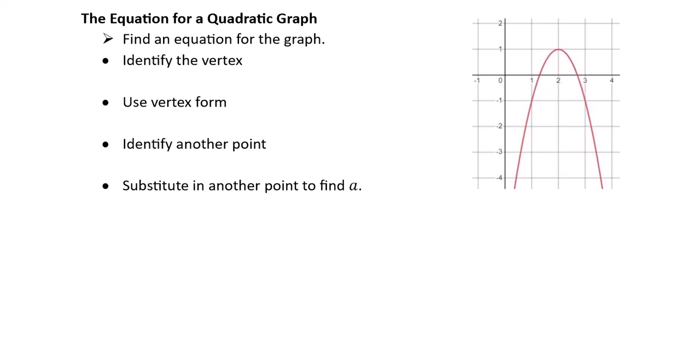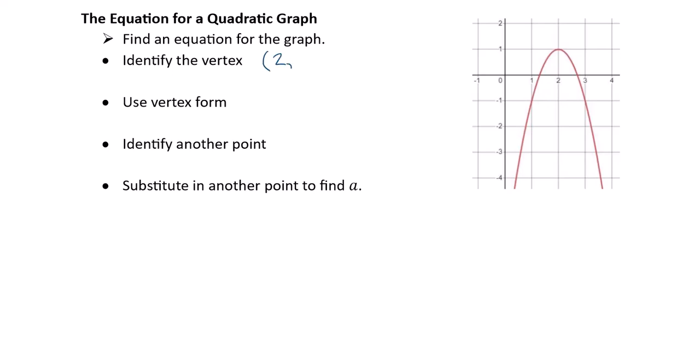Now let's find the equation for this quadratic graph. If we have a nice graph with enough information, we can identify the vertex and some other point, then we should be able to get everything that we need to get the equation for that graph. I'm looking at the vertex.